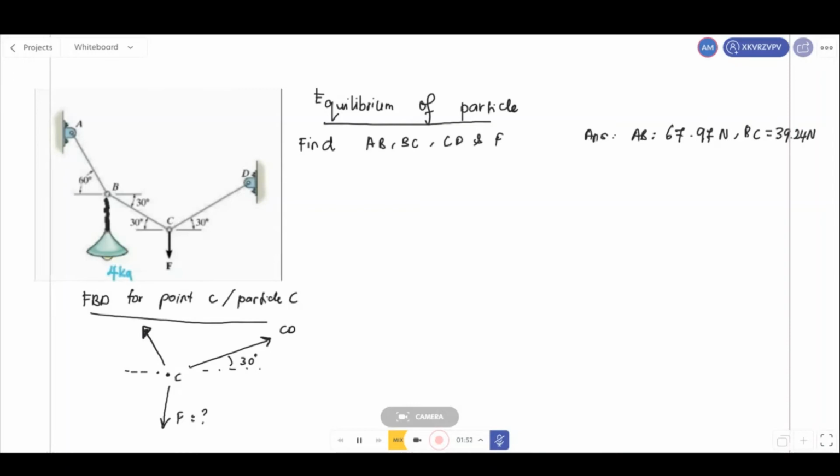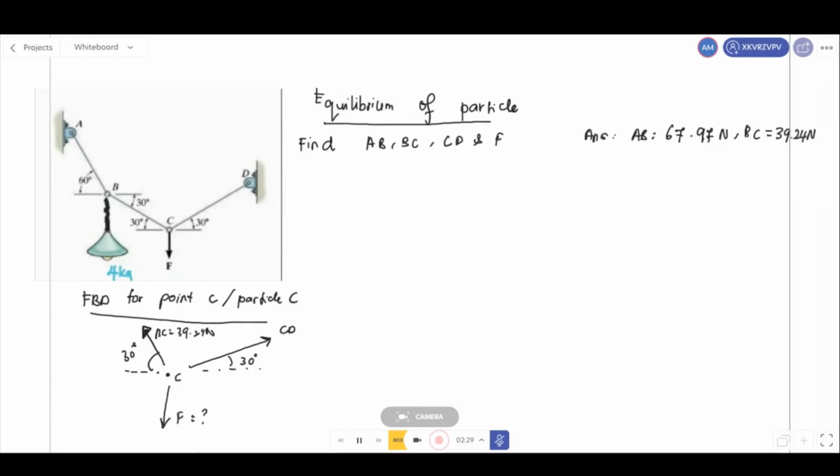See clearly that for point C, the arrow is in the inverse direction compared with the previous FBD at point B. So this one is 30 degrees, and we know that BC is 39.24 Newton. Again, we can use rectangular components and the force triangle.